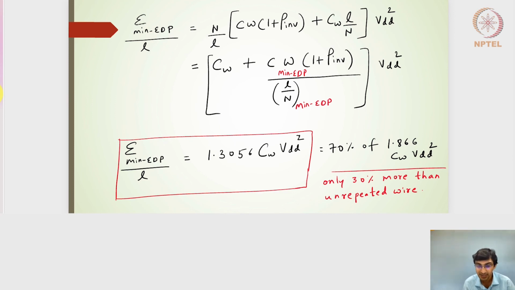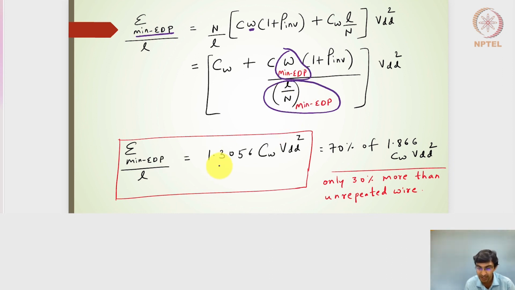So we'll calculate the energy per unit length for the minimum EDP point, which is nothing but N by L times all the capacitance here, times VDD square. Here we put in the optimized W parameters and the optimized L by N parameters for achieving the minimum EDP.